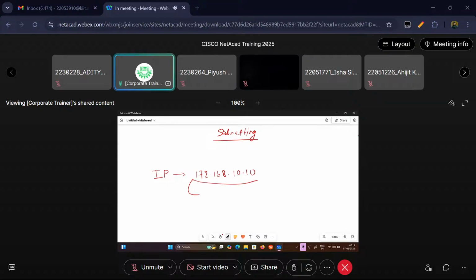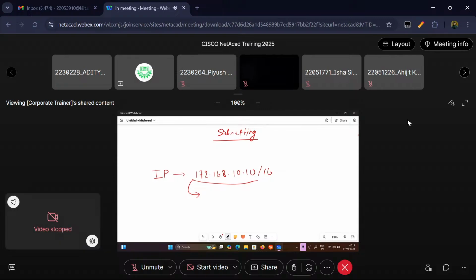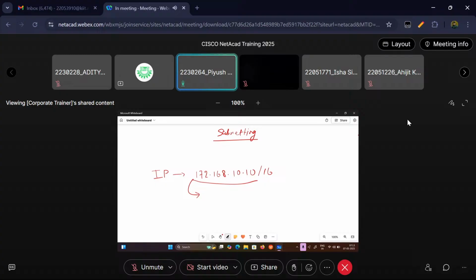So what is the network ID of this IP? Tell me. 172.168.0.0/16, right? That is my network ID.